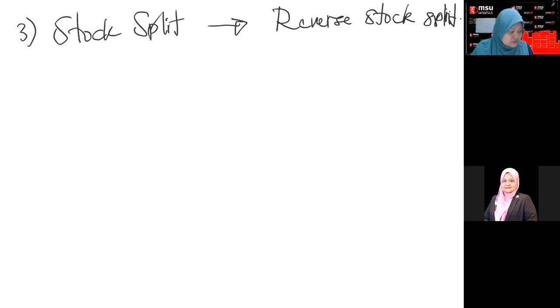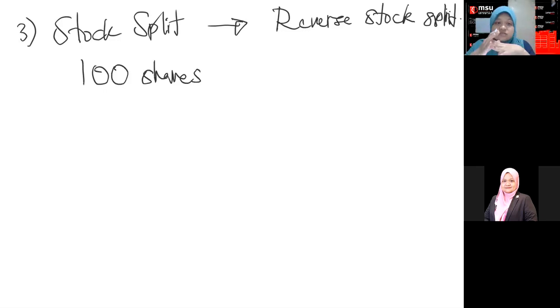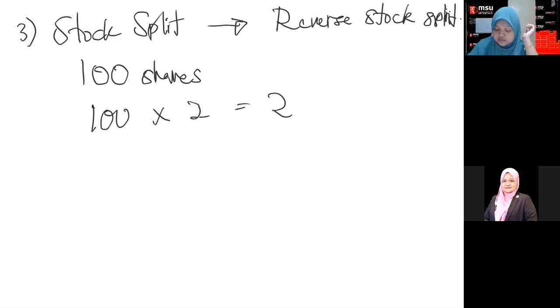So the total shares after the split: from 100 shares, when there is a stock split 2 for 1, the new shares are equal to 200 shares. So after the 2 for 1 stock split, Encik Nazri now owns 200 shares.